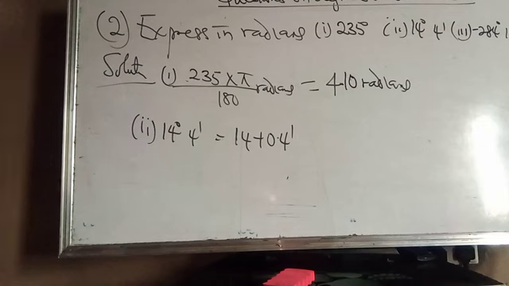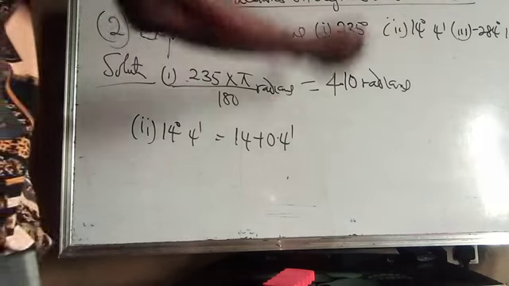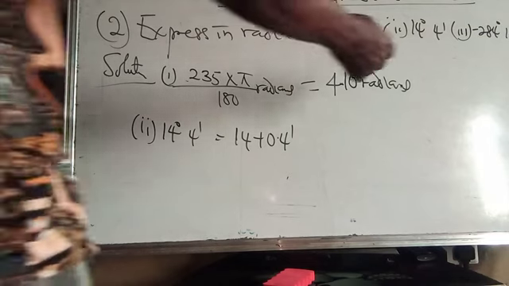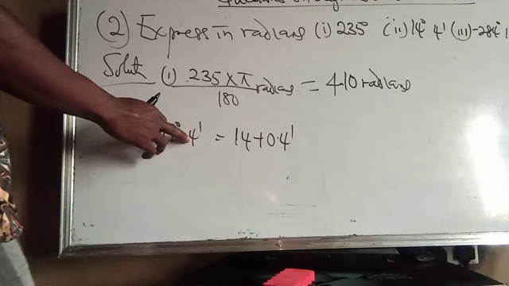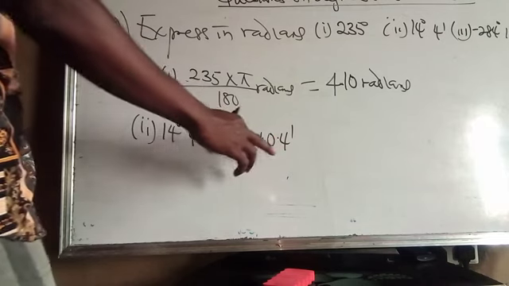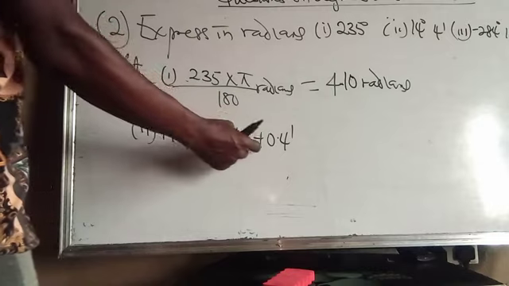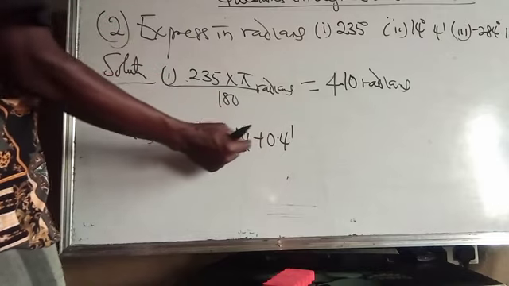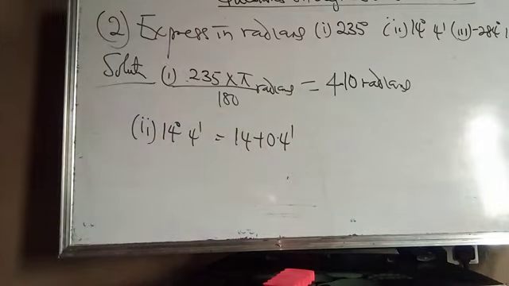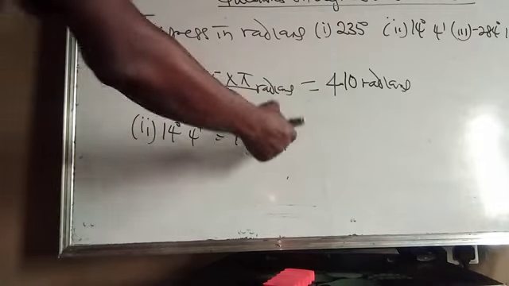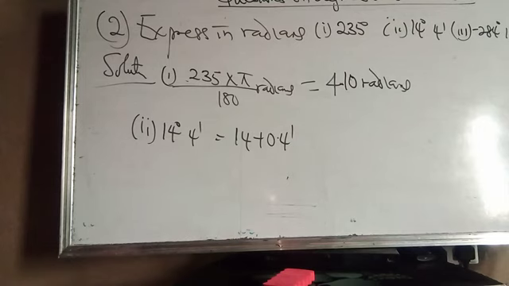Just like the other one, where you multiply the decimal version by 60 to get the minute equivalent, here, with 14 degrees 4 minutes, 4 is the whole number. So now divide this 4 by 60.